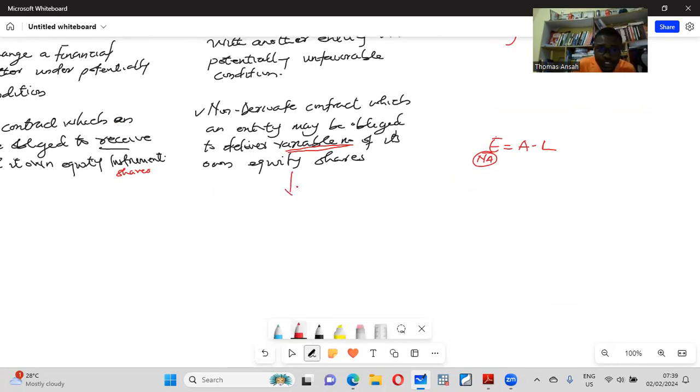Because if it is classified as a liability, the entity's gearing will go up. If it is classified as a financial equity instrument, the company's gearing will go down.